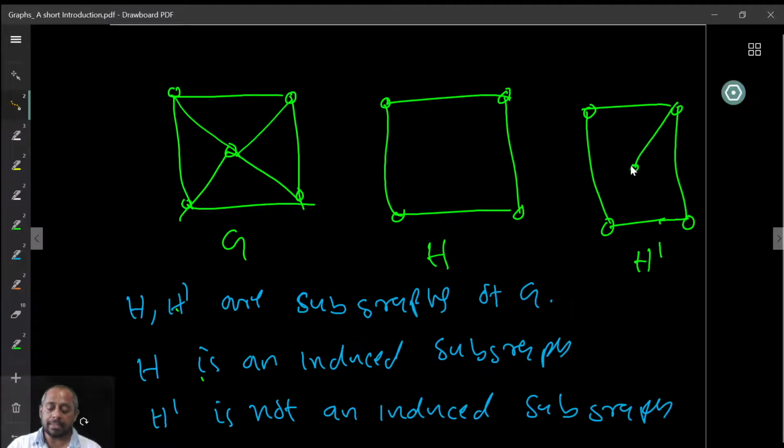But the middle vertex has only one edge going to the vertex here. Since we have all the vertices of G, all the edges also must be present, but that is missing. So therefore, it is just a subgraph. It is not an induced subgraph.